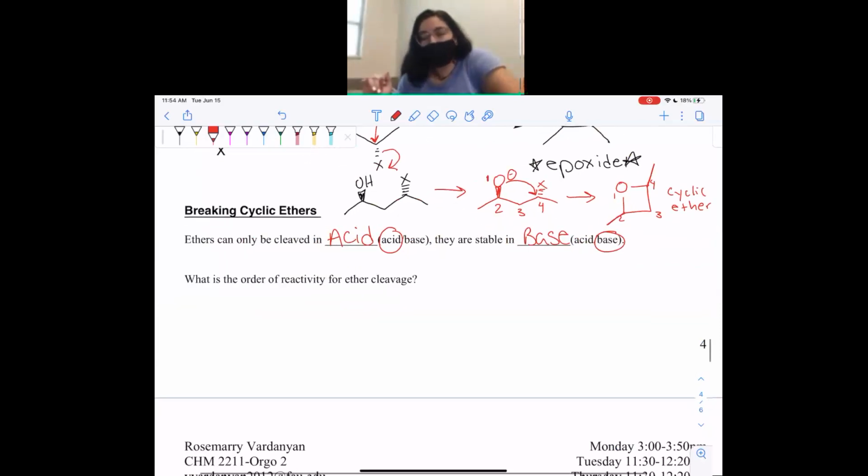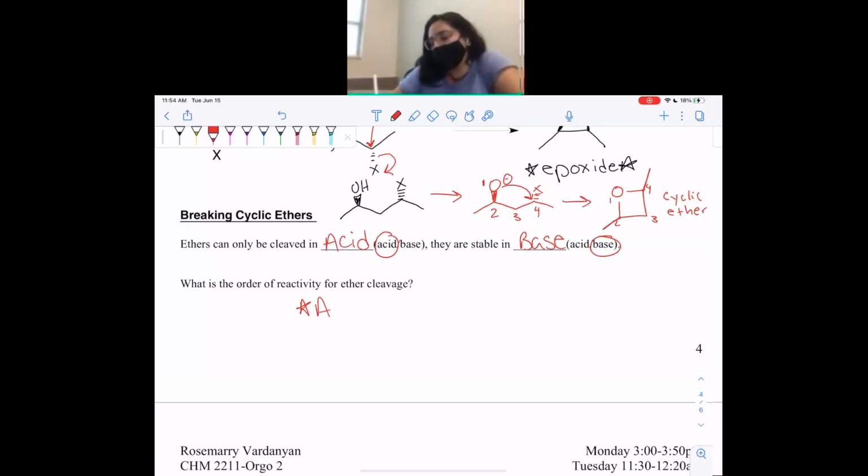So the order of reactivity, all right, I'm going to say this, and it's a silly way to remember it, but it'll stick in your head. So the order of reactivity for an acid is going to be 3, 1, 2.